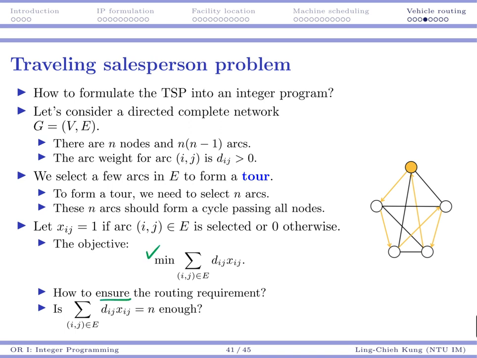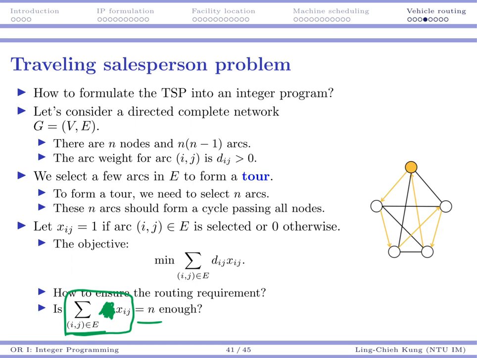Now we need to ensure that we have the routing requirement. We satisfy the routing requirement, so we need to write it down. There are several proposals. The first proposal says that, how about this? Let's say we need to select n edges. Okay, if we want to select n edges, actually there is a typo here. We don't have this one. So pretty much we are asking that for all the arcs, the number of arcs selected equals n.